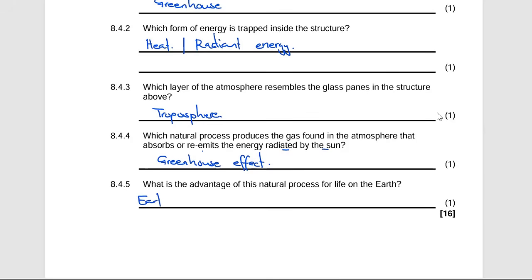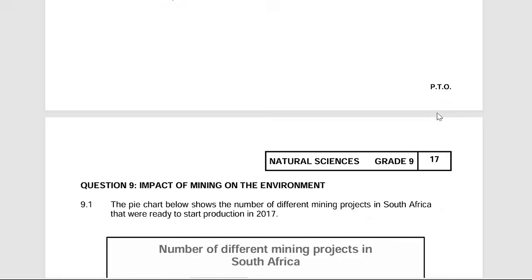So earth becomes warm because of this, and becomes habitable for life because there is warmth. So because there is warmth, we are able to live in it, right?